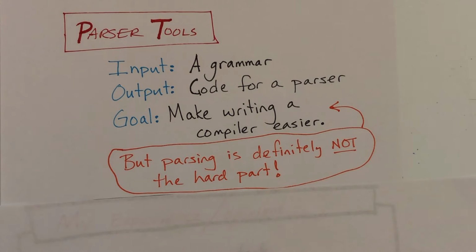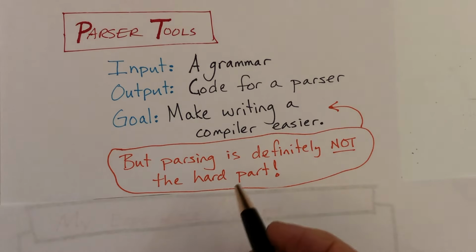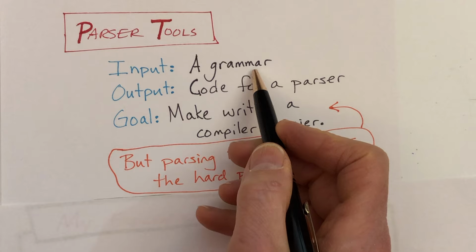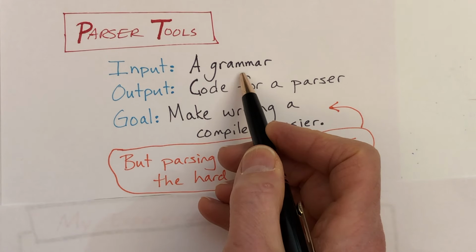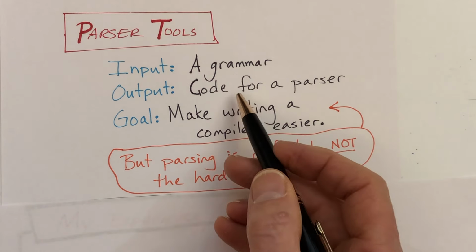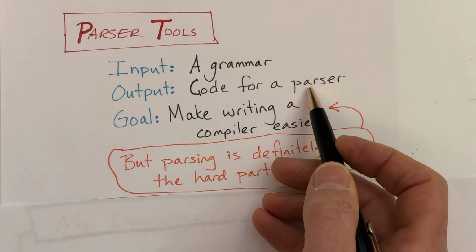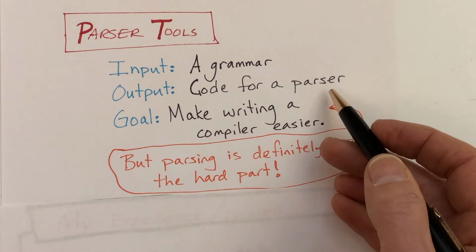One thing you may have heard about is parser tools, also called parser generators. The idea with one of these tools is that the input is a grammar. Okay, so you're putting a grammar into the tool, and the output is a parser, or more precisely, code for a parser, or something that you can embed in your own program.